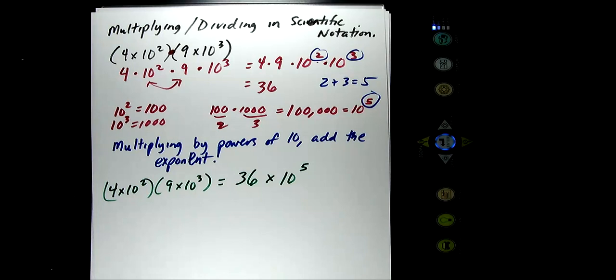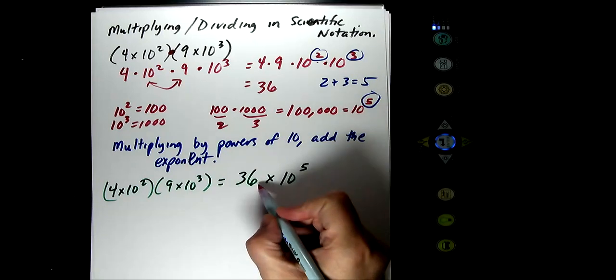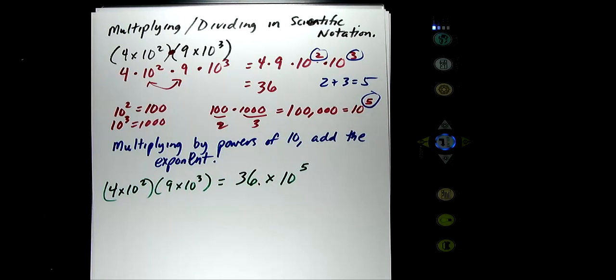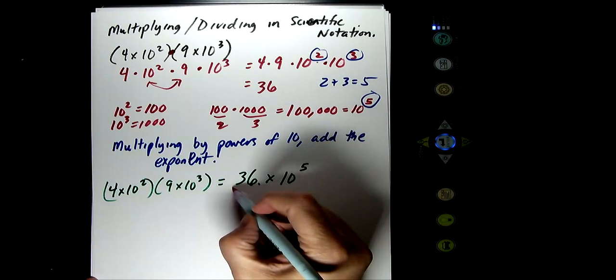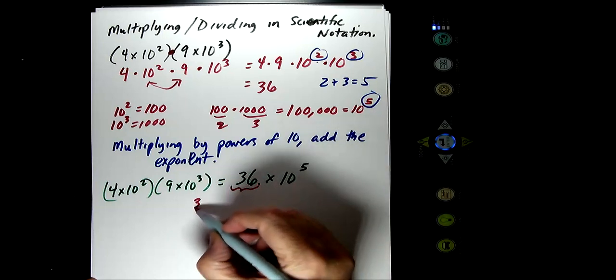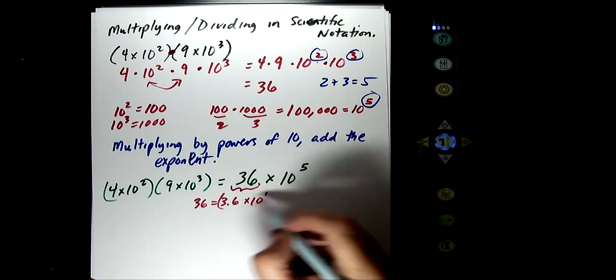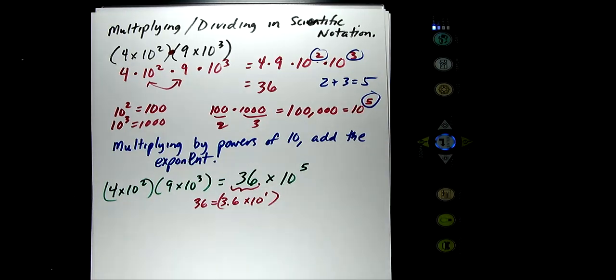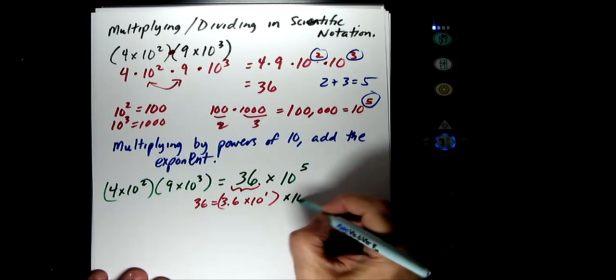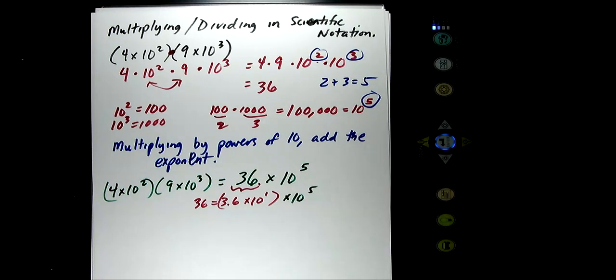That was the 10 squared and 10 cubed. But if I put a decimal point in, it's got to go behind the 36, which means I don't have only one number in front of the decimal. So I can rewrite 36. 36 is 3.6 times 10 to the 1st power, because I only moved the decimal once. And I still have times 10 to the 5th, which means I can add the exponents again.